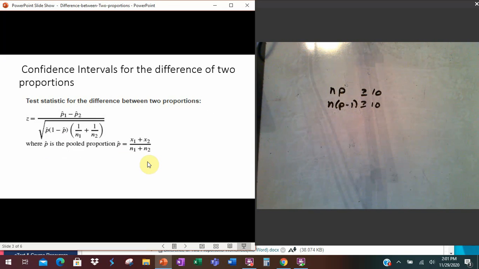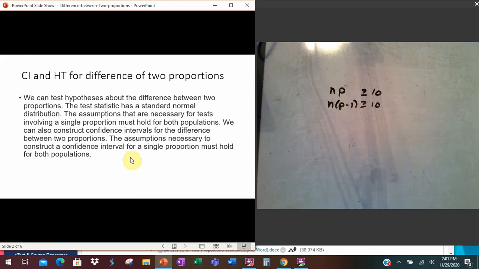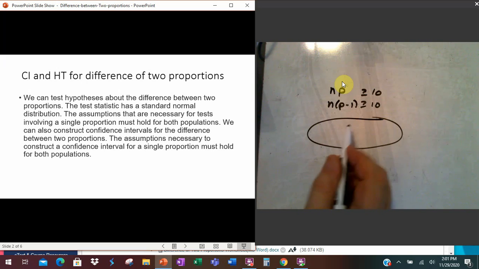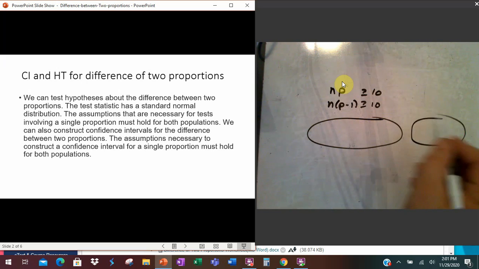So we have to have that available for both. Those have to be true for both sets.